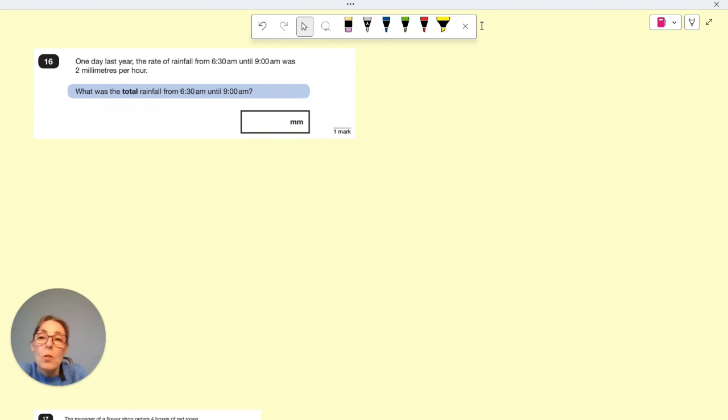What was the total rainfall from 6:30 a.m. until 9 a.m.? Let's have a look at this. So we've got 6:30 a.m. and then 9 a.m. I'm going to put 7 a.m. in the middle.